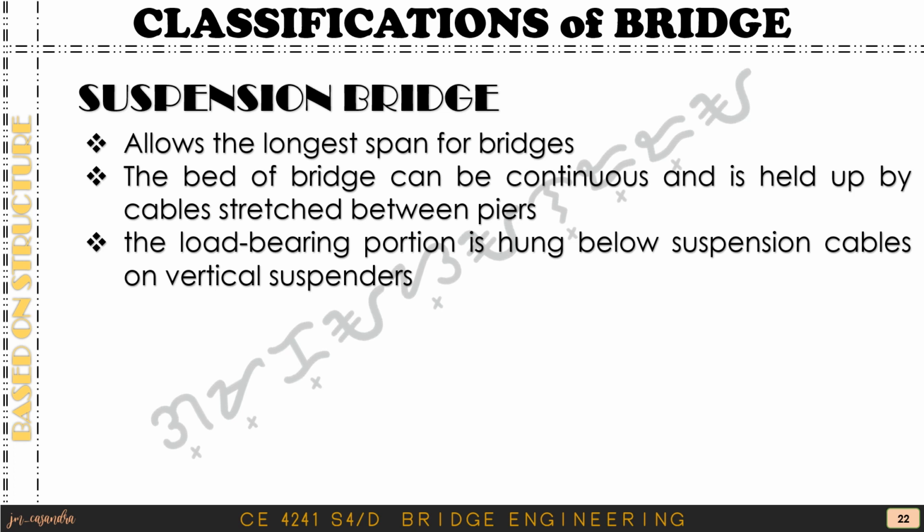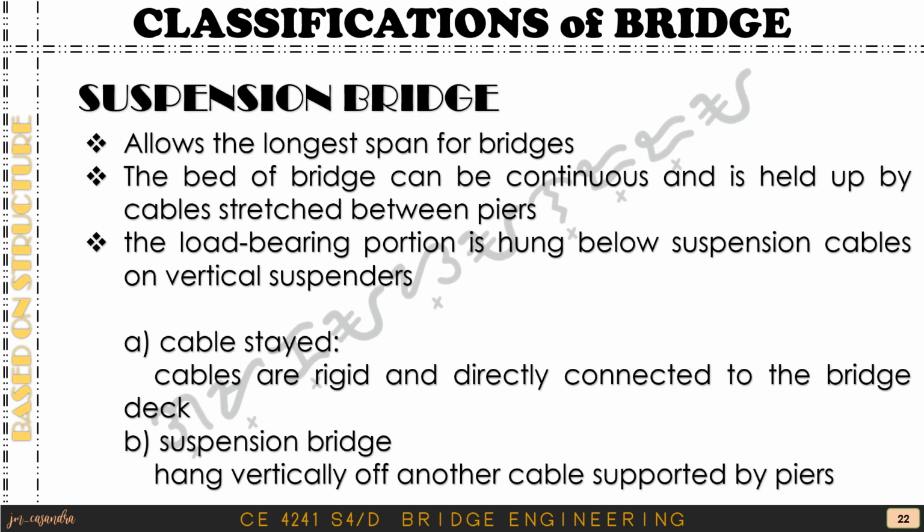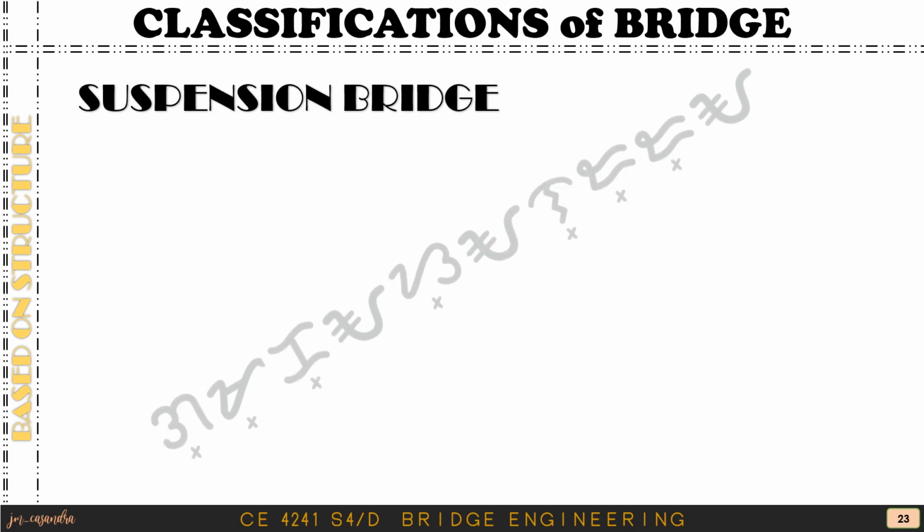There are two types of bridges that would use cables. We have the cable-stayed bridge, wherein the cables are rigid and directly connected to the deck of the bridge, and the suspension bridge, which is hung vertically off another cable supported by the piers.